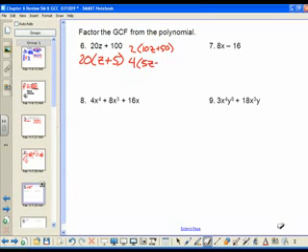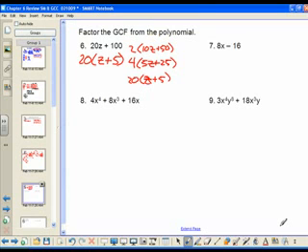Getting ahead of myself. Plus 25. And when I get to that point, I can now take out a 5. And when I move the 5 to the front, I get 20 times z plus 5. Okay, so you could do it in steps if you don't recognize that greatest common factor.